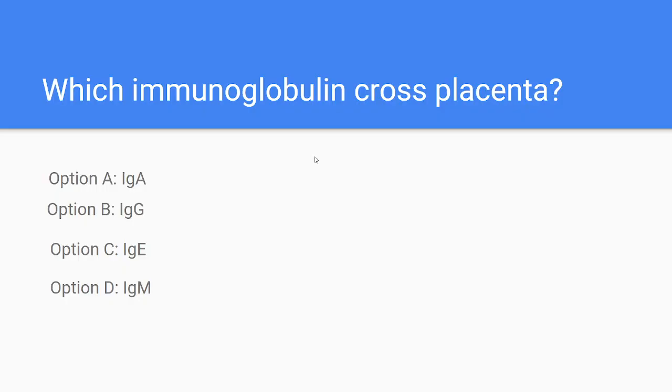We will see a single line explanation regarding these immunoglobulins, and first the answer. The immunoglobulin that crosses the placenta is mainly IgG. So the correct answer is IgG.